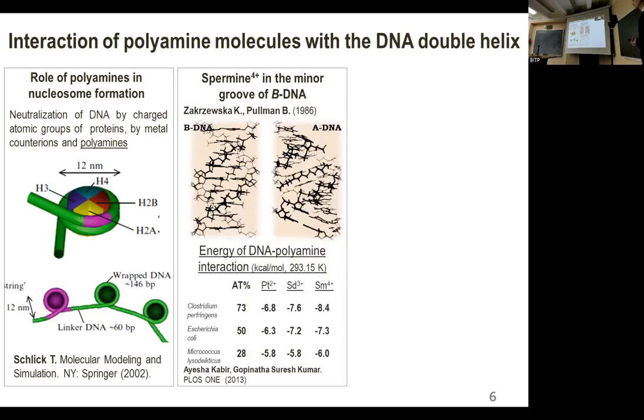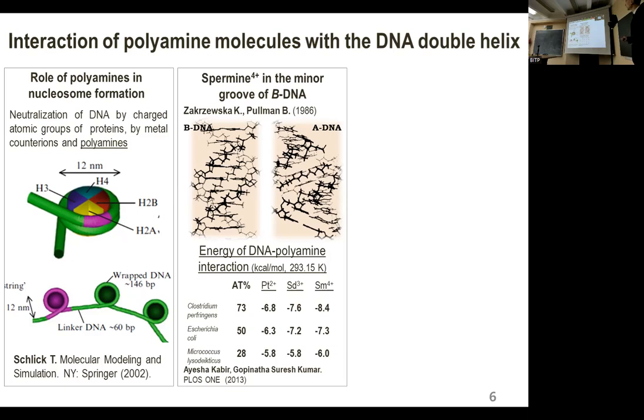And that's why the interaction of polyamines with DNA was studied from the very beginning. This is probably the first calculation work related to the study of polyamines with DNA, with B conformation, A conformation. And for a very long time it was considered that polyamines bind to DNA not specifically.